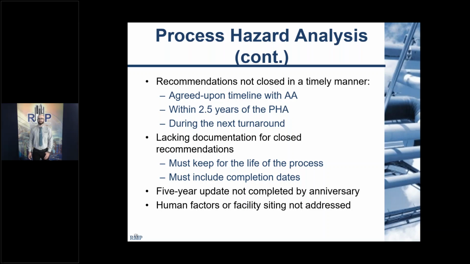And make sure that you keep documentation on everything, that all the recommendations that have been opened and that have been closed, and include what it was and the dates and how it was implemented. You must keep this information for the lifetime of the process. So just stay organized is the best advice I can give you.